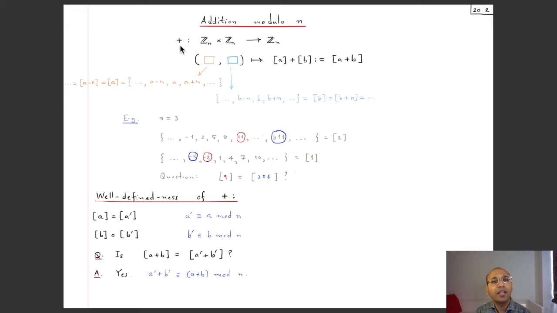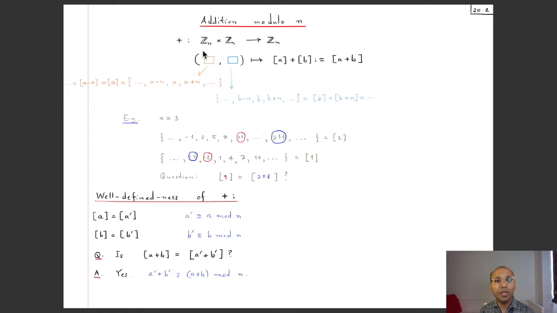And we are giving a recipe for adding these two equivalence classes. The instruction given is you take any member from this set. For example, I take 11 and -2. You add the two, I get 9, and then take the equivalence class of that. So I get this one. On the other hand, somebody else might have taken 311 and -5 and added the two and gets 306, and that person takes the equivalence class of this one.